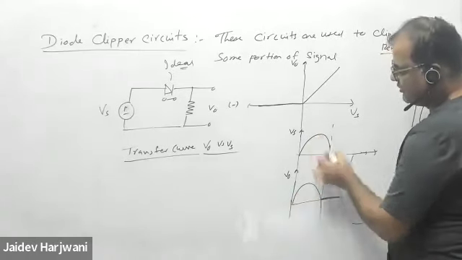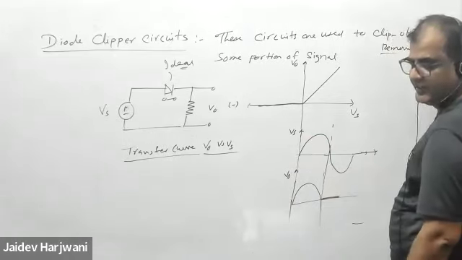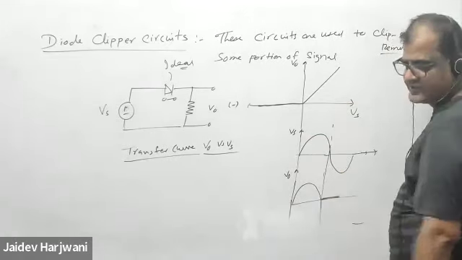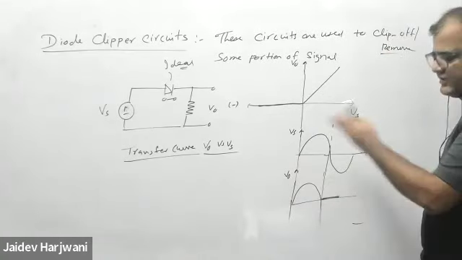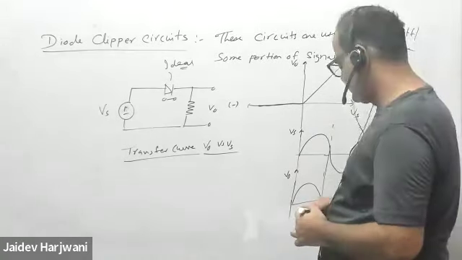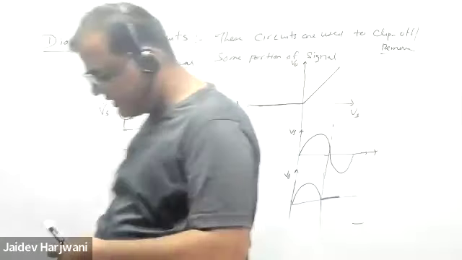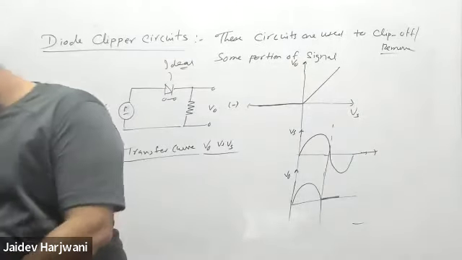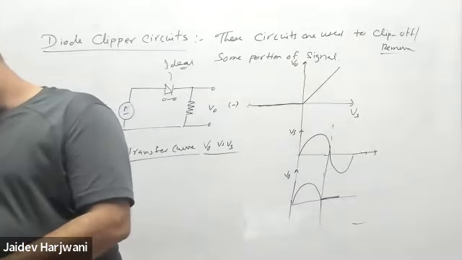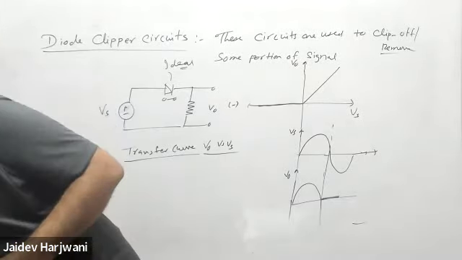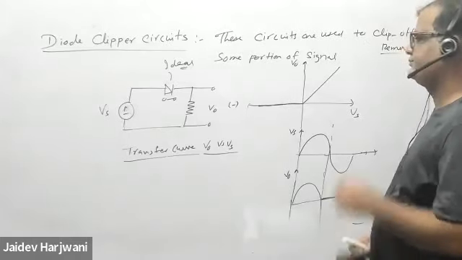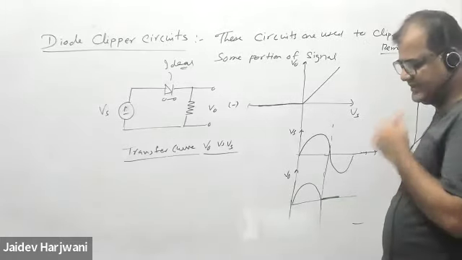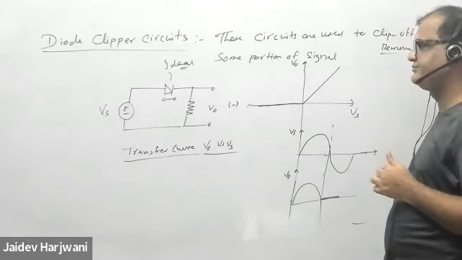It can be a triangular wave or square wave, anything; once you understand the transfer curve, you can plot it easily. This is one example of a clipper circuit, removing the negative part of the wave. Is that clear to everyone?